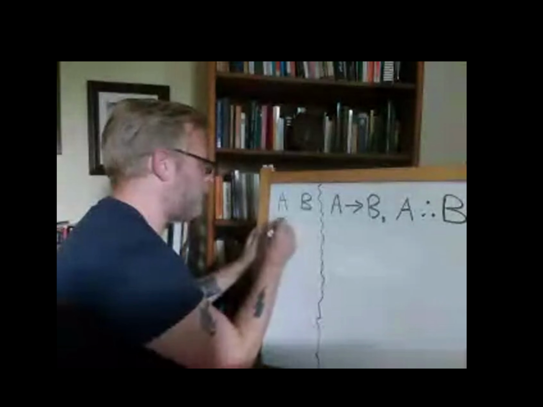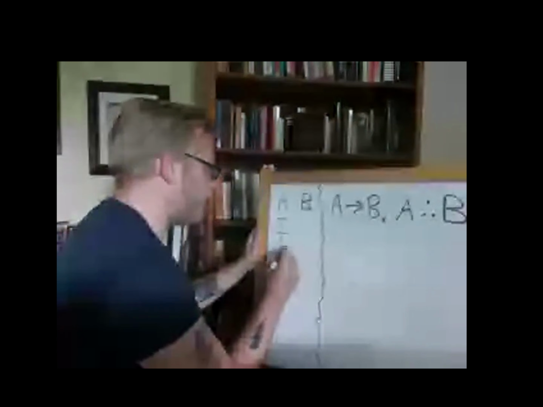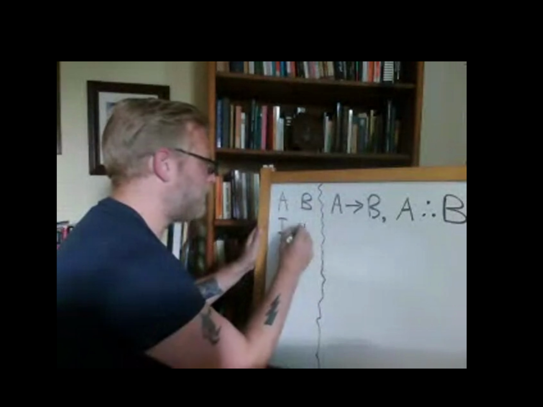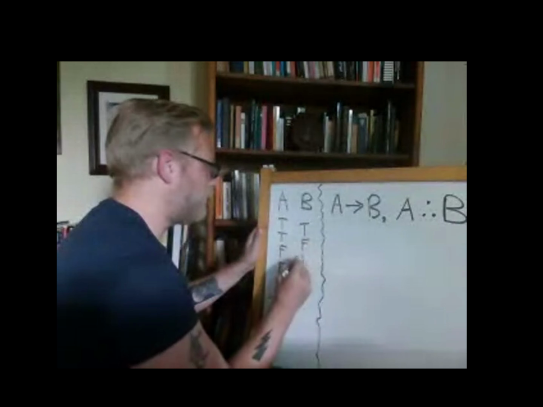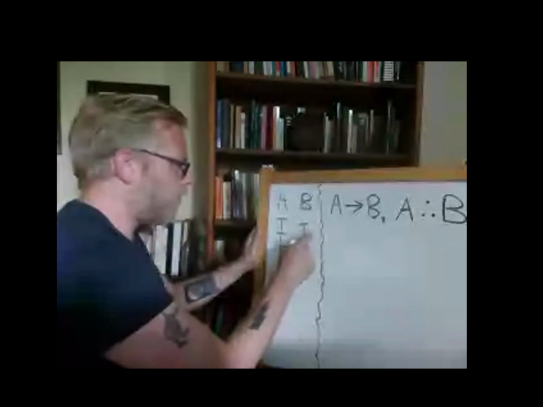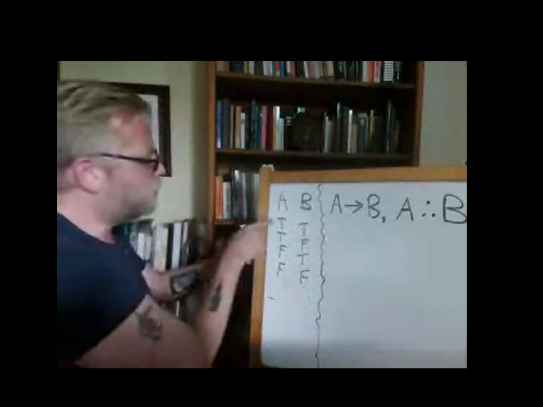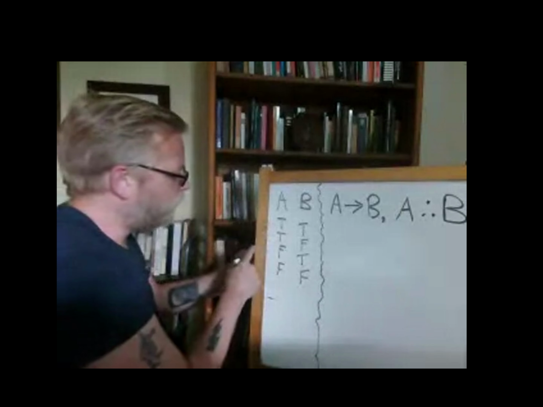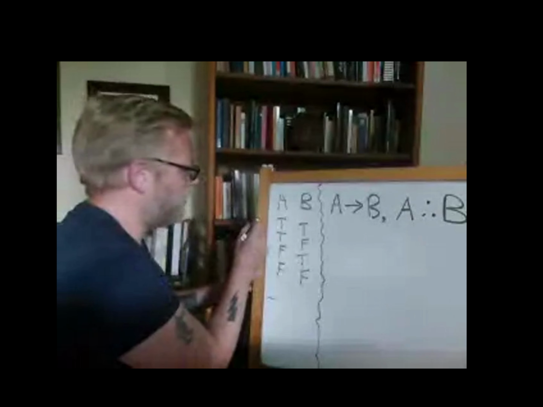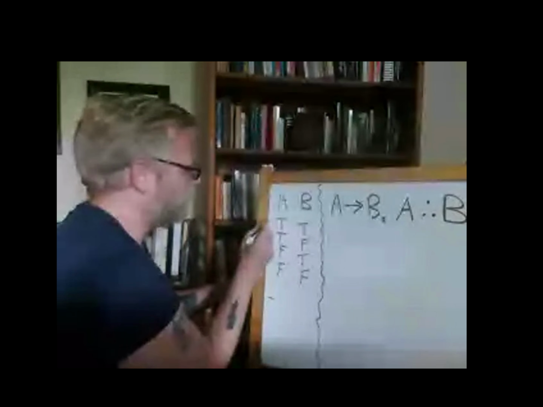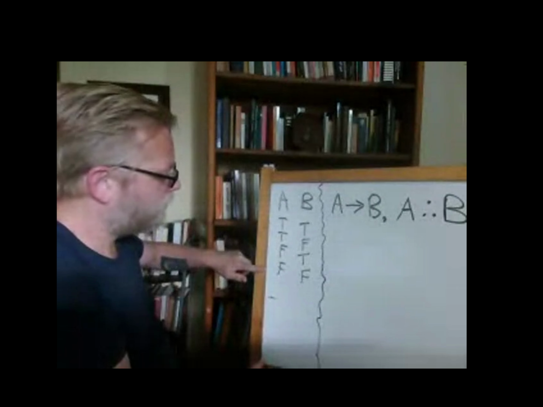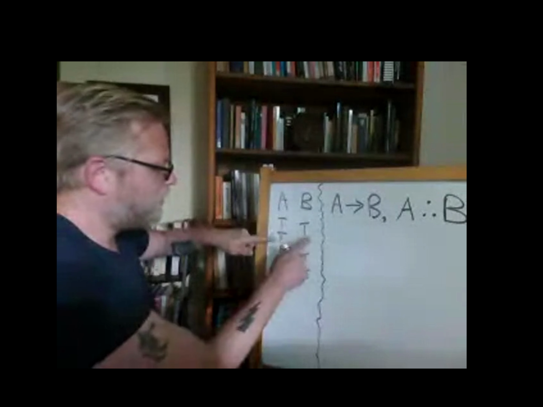Underneath the first statement, I go T, T, F, F. Under the second one, I go T, F, T, F. Two in a row, then alternating every time. And this is world 1, world 2, world 3, world 4. I didn't write those, but that should be apparent to you. First world, they're always true. Fourth world, they're always false. 2 and 3, they sort of take turns.